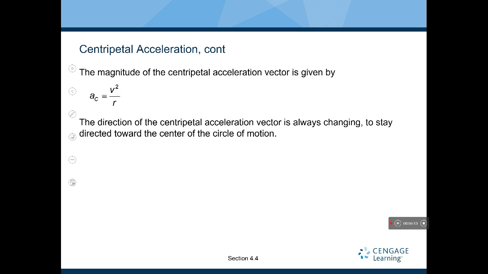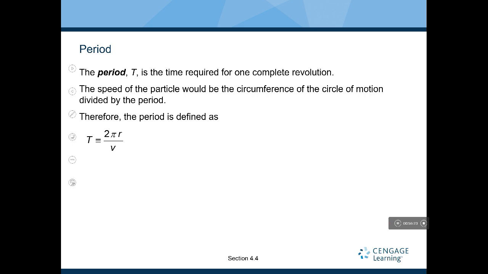Moving on. Now, the good news for you guys is that this is probably about as complicated as an equation as you're going to use in this chapter for the most part. Okay? Period is simply defined as the amount of time it takes to go around a circle. So what is the distance around a circle? 2 pi r.